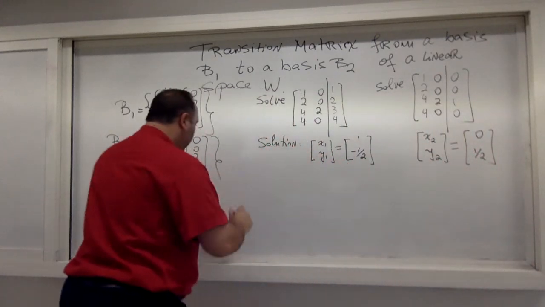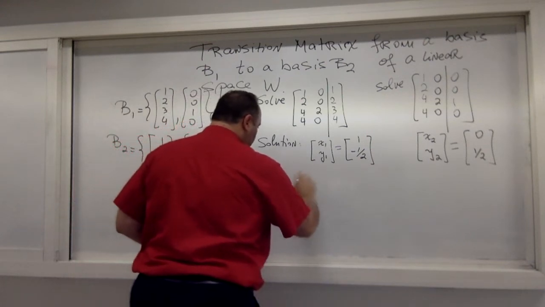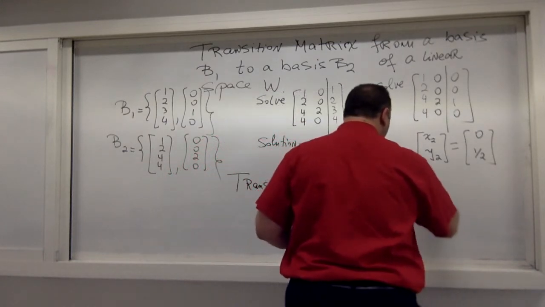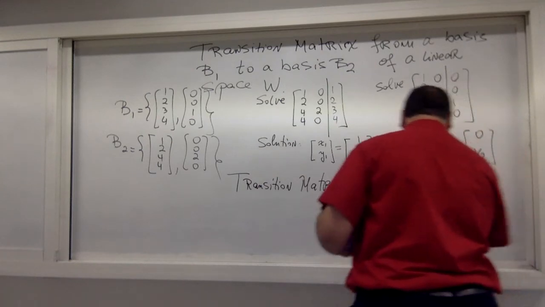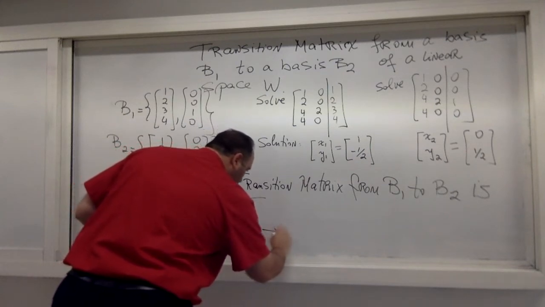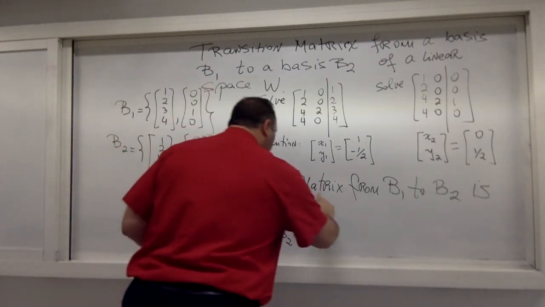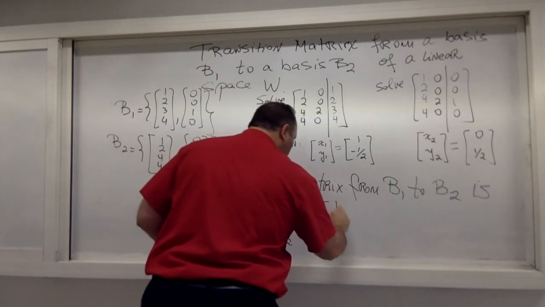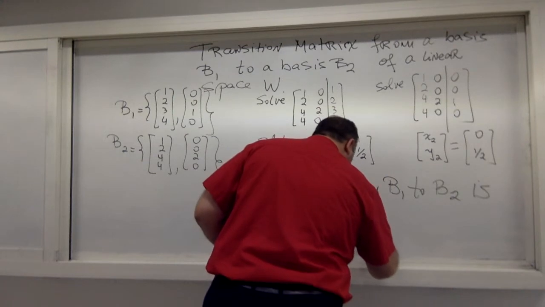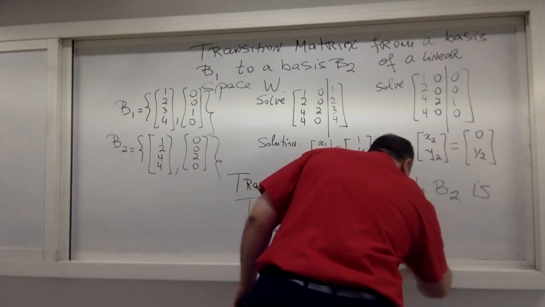And we write it clearly: transition matrix T from B1 to B2. So it's clear from which coordinates to which we go. The first column is 1, negative 1 over 2. And the second column is 0, 1 over 2. That's it. That's my matrix going from B1 to B2.